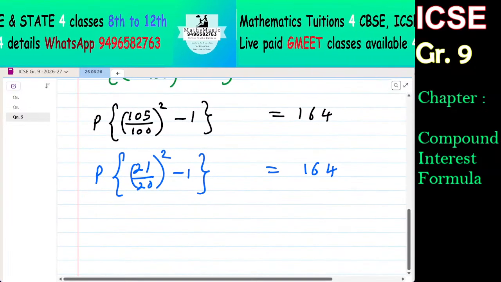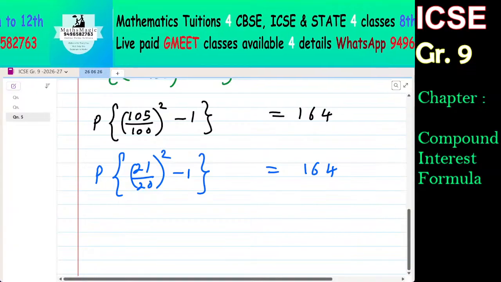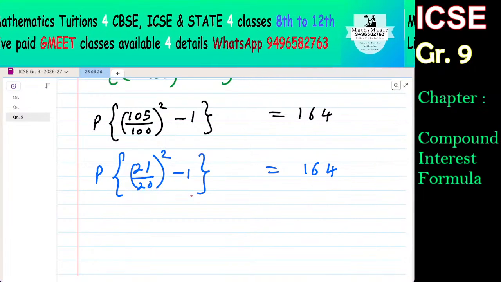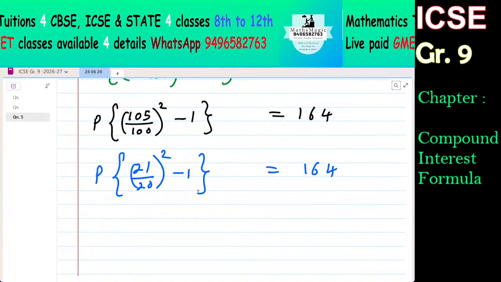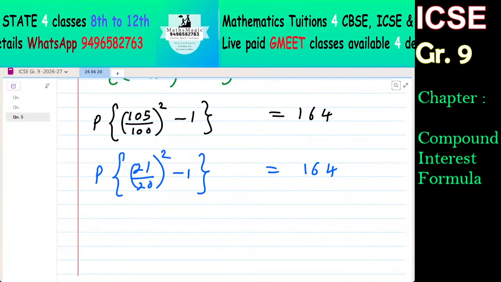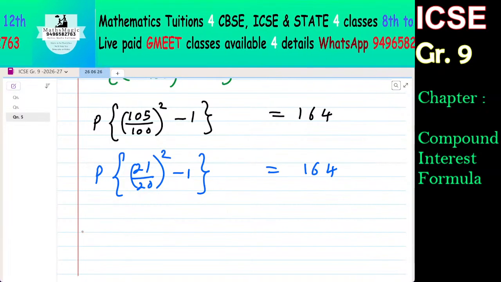If you go for the first method, you'll get 105 squared by 100 into 100. If you go for this one, you'll get 21 squared. Both are equally not easy. You have to do the calculation yourself.